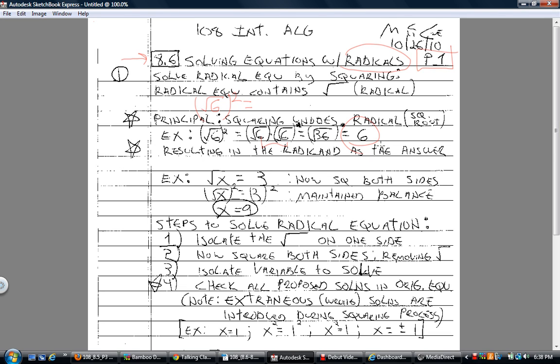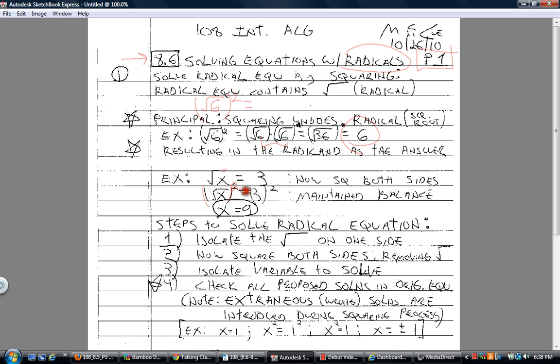So to start this process off, look at a very easy equation. It says something like the square root of x equals 3. Our challenge is to isolate, just like we always have, the variable. But to isolate it, you've got this radical. So you're going to pull out your squaring tool.